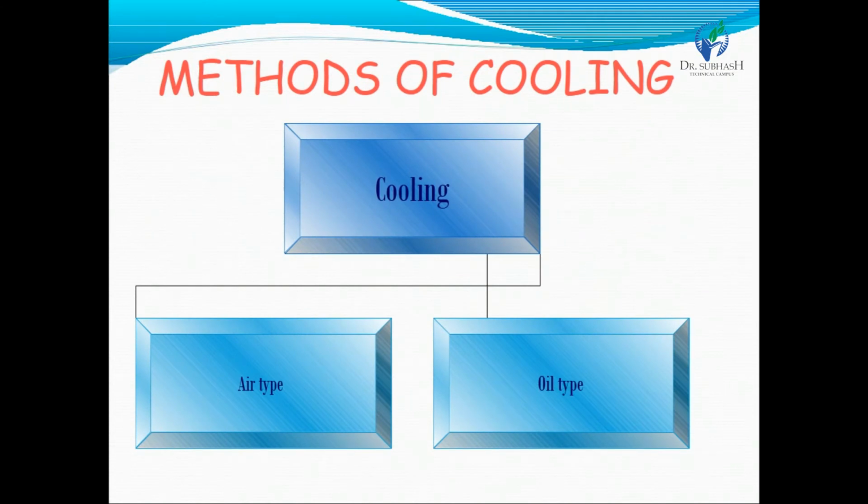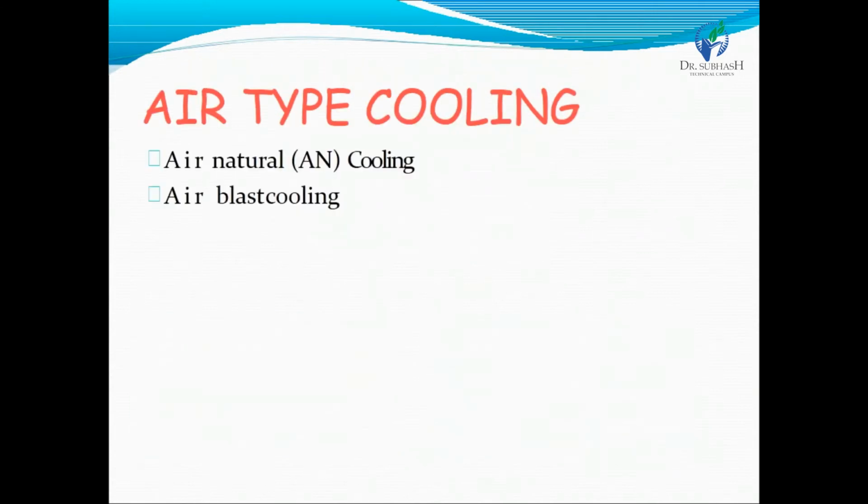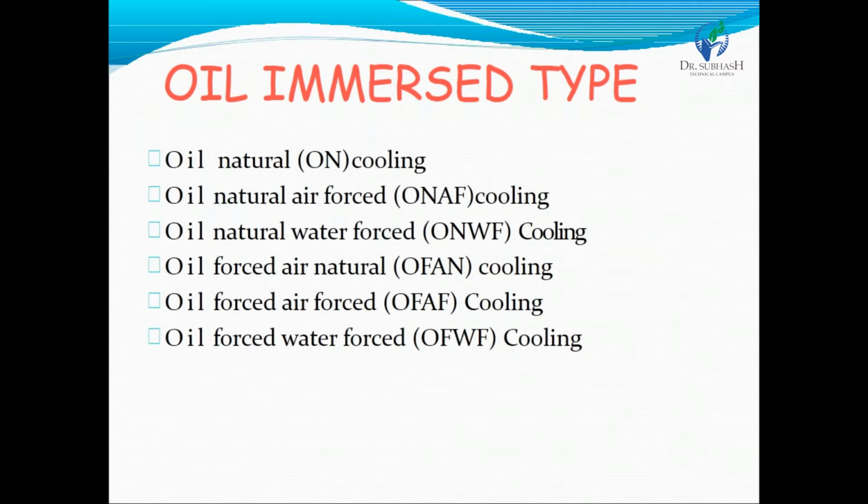Generally, the cooling systems are divided into two parts. The first one is air type cooling and the second one is oil cooling. In the air cooling, there are two parts. The first one is air natural cooling, and the second is air blast cooling or air forced cooling. In the oil type cooling system, they are divided into various parts.